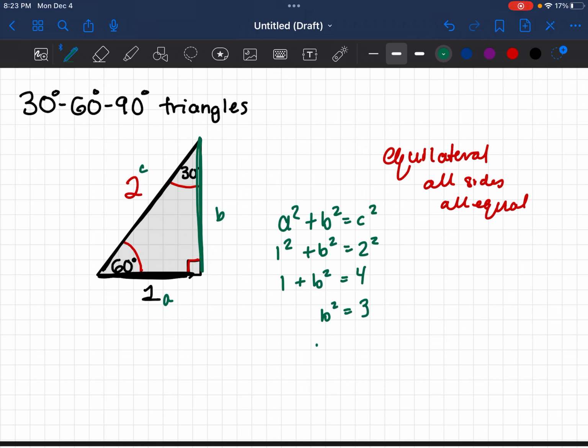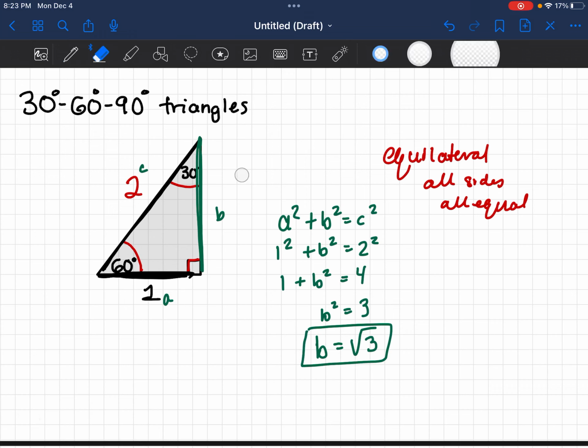And I end up getting that B is equal to the square root of 3. I'm going to leave everything in exact form for this. So instead of B now, I have the square root of 3.